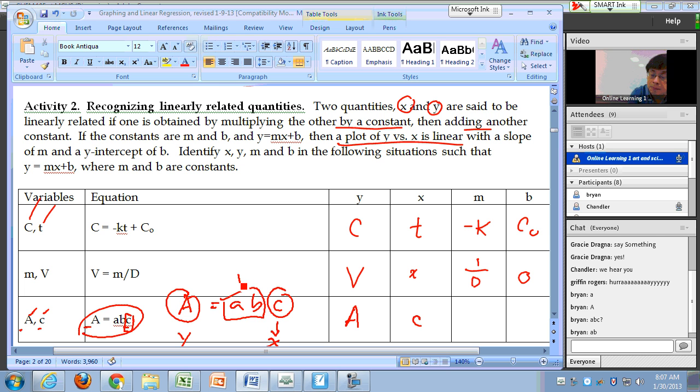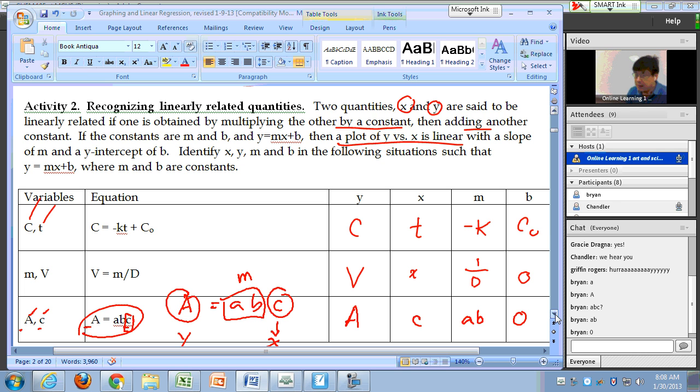So that's going to be my slope. And what's going to be my y-intercept? 0. Good.